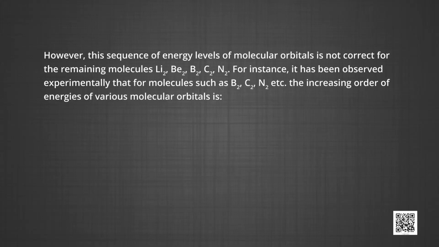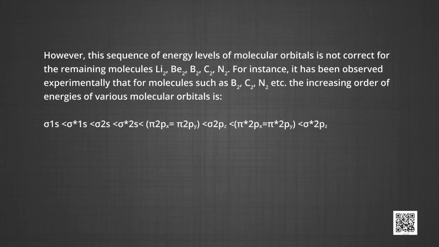For instance, it has been observed experimentally that for molecules such as boron, carbon and nitrogen, the increasing order of energies of the various molecular orbitals is sigma 1s, less than sigma antibonding 1s, less than sigma 2s, less than sigma antibonding 2s, which is further less than pi 2px equals pi 2py, less than sigma 2pz.